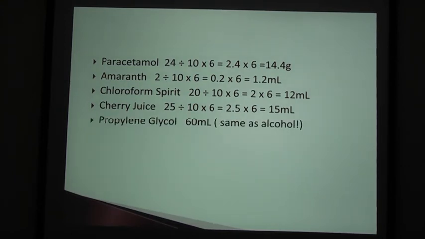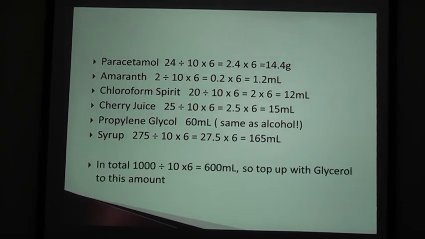And propylene glycol is 60 milliliters because it's the same as the alcohol, so you don't need to do that one again. Save yourself some work. Syrup, divide by 10 multiplied by 6, and you get 165. So therefore, the total, you've got 1000 divided by 10 multiplied by 6 gives you 600. So top up with glycerol to this amount. And that's how you do it.